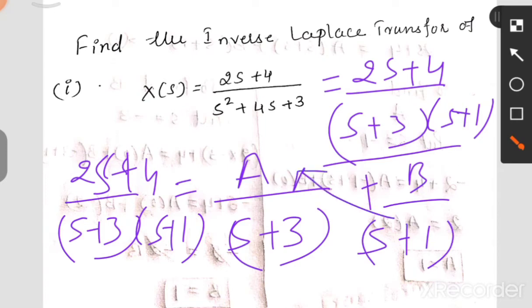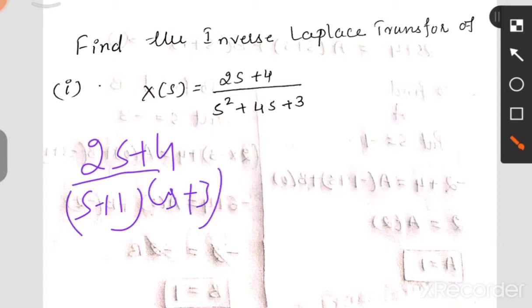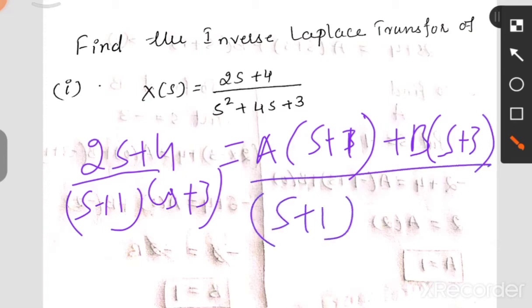Now cross multiply this and then find out A and B. So 2s plus 4 divided by s plus 1, s plus 3 will be equal to A into s plus 1 plus B into s plus 3, divided by s plus 1 into s plus 3.